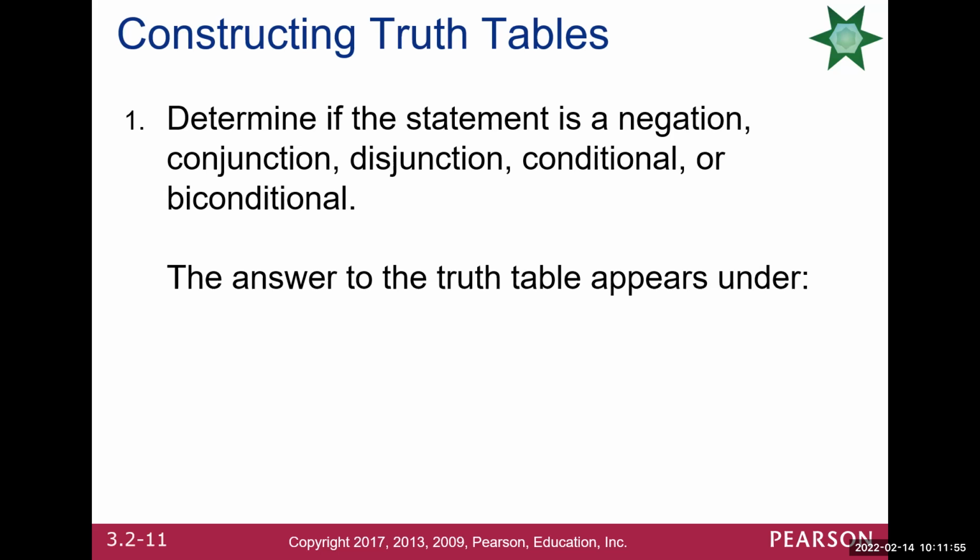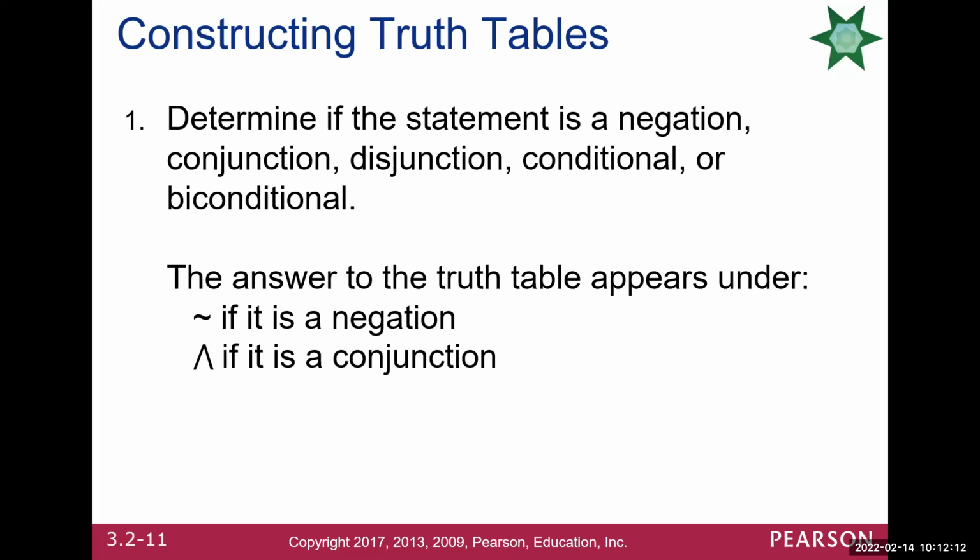The answer to the truth table appears under the tilde if it is a negation. So what I'm going to do is notice where I have a tilde written, and that's where I put the answer to that column. And then it's going to appear under the conjunction symbol if it is a conjunction.